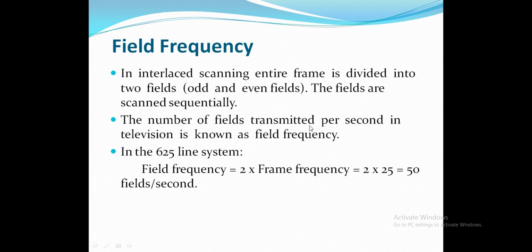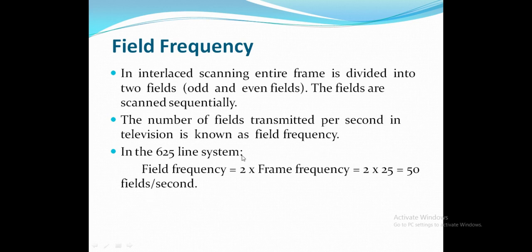Here the entire frame is divided into two fields, one even field and one odd field. The fields are scanned sequentially, line by line. The number of fields transmitted per second in television is known as the field frequency.